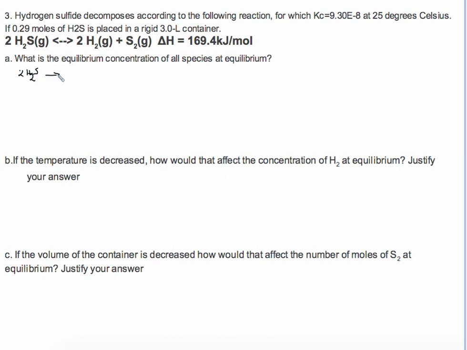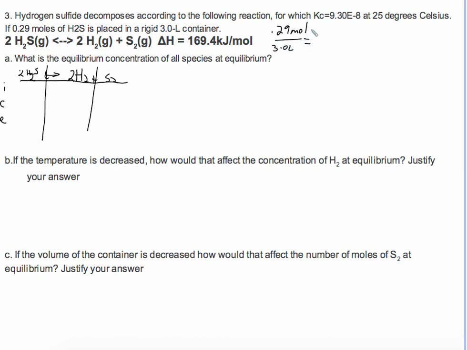So the first thing that I like to do is, hey, this is an ICE table. It gives you 2H2 plus S2. So we'll make our ICE table. These are all gases, so initial, change, equilibrium. So 0.29 moles, remember you have to put in molarities.